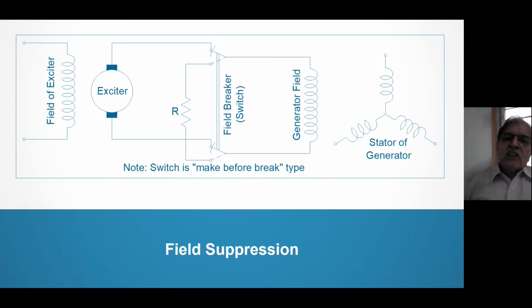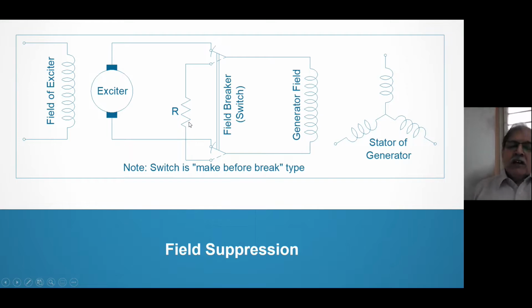But what we are doing, we are using a make before break type switch. The switch that you are seeing on the field breaker, first it will come to this and this terminals. It will not leave this terminal. Then it will go below and it will leave this terminal afterwards. So that the field is connected across a resistor.